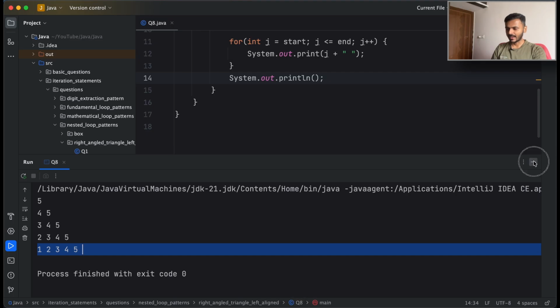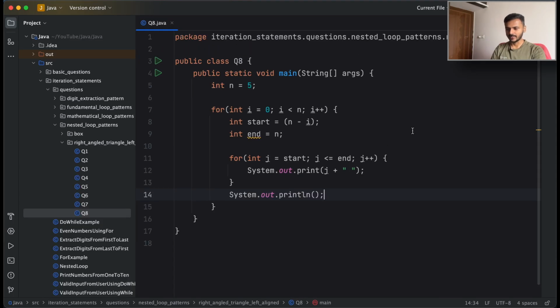Now, if we come back to the code, you would notice something. Start is going to be n minus i in each and every row, right? So instead of calculating n minus i and storing in start, can we take this and replace start with it? We can, right? We can say for j is equal to n minus i.